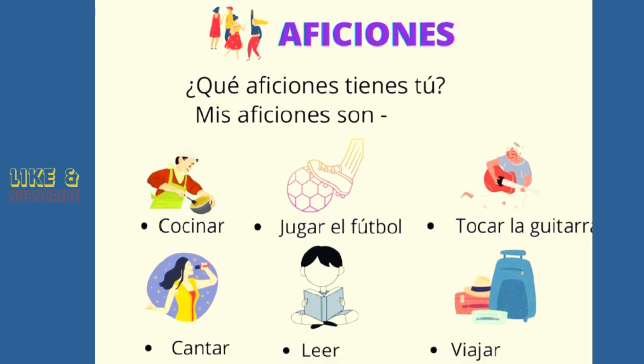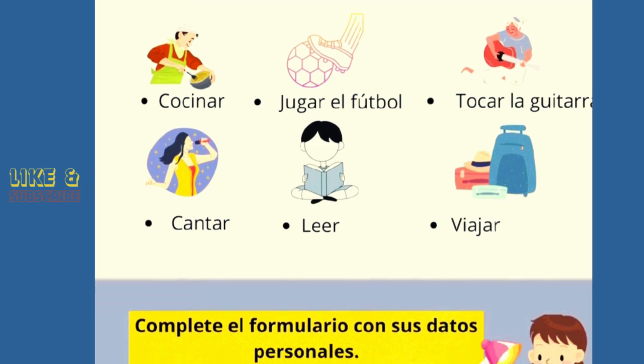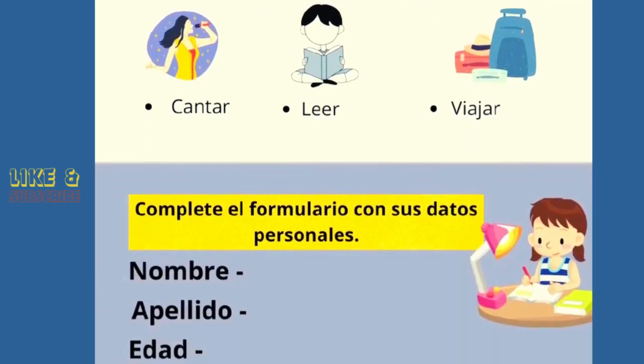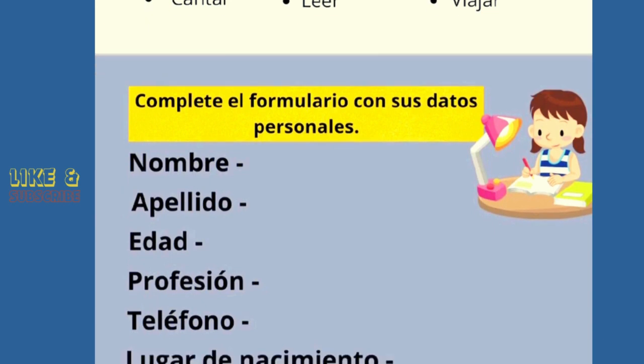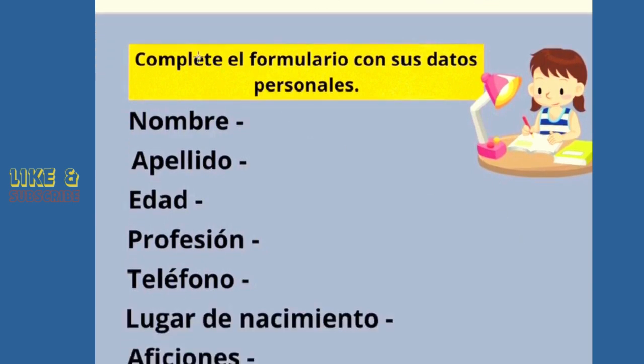Okay. So next we have exercise. In the exercise he's saying: complete el formulario con sus datos personales. Complete the form with your personal data. Okay, so it is complete, not the complete. Complete means complete, el formulario, the form, con means with, sus means your. Datos personales is personal data.